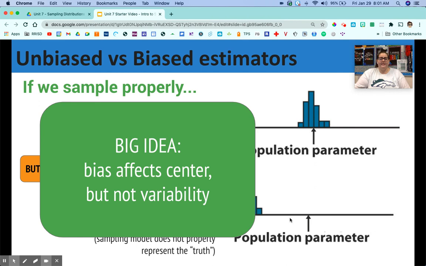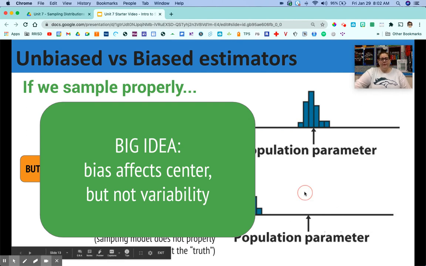So the big idea there is that bias affects center. It's going to cause my center to be off, but it doesn't really affect variability necessarily. So bias affects where the center of the graph is and whether the center is properly estimating what's true about the population, whereas sample size affects how spread out your sampling distribution is, in terms of the variability.